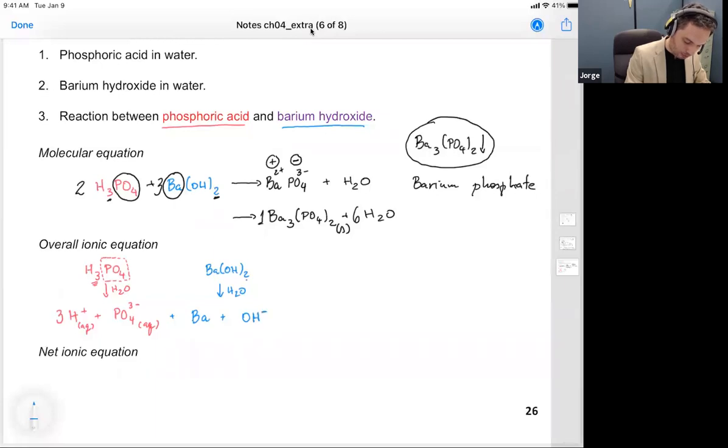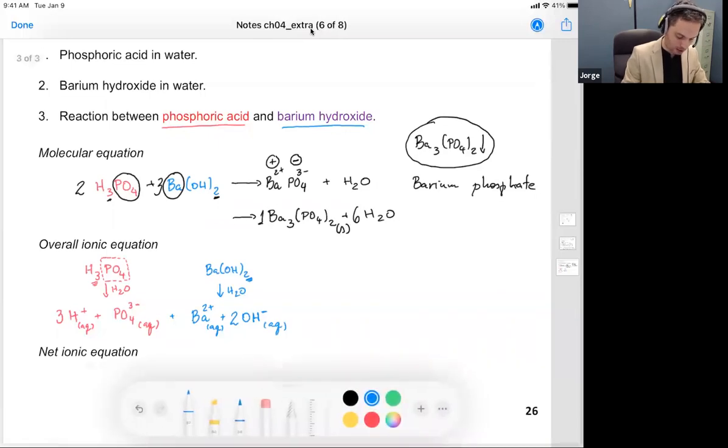The number of hydroxyls is equal to the number after the parentheses, therefore it is 2. See here that now I have 2 negative charges, therefore we have to have 2 positive charges to counterbalance. Now those ions are dissolved in water, so we have to represent here (aq) and (aq).